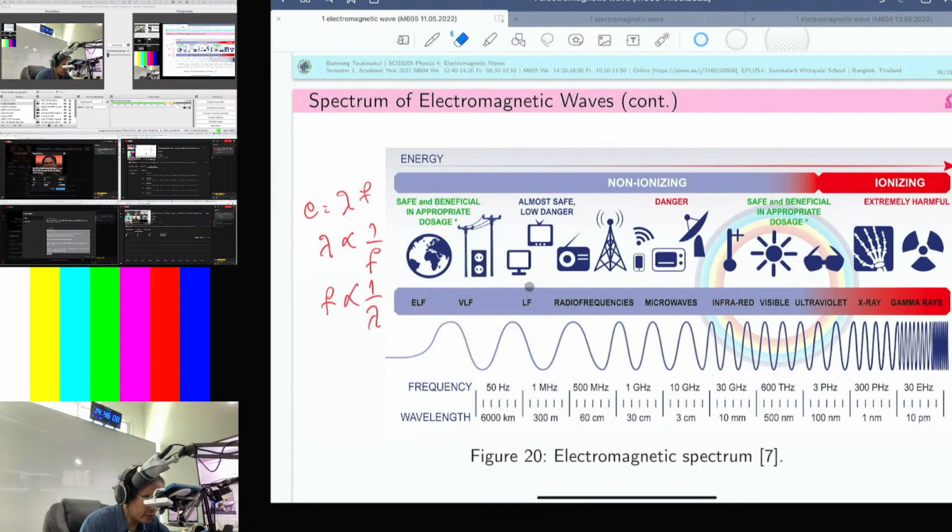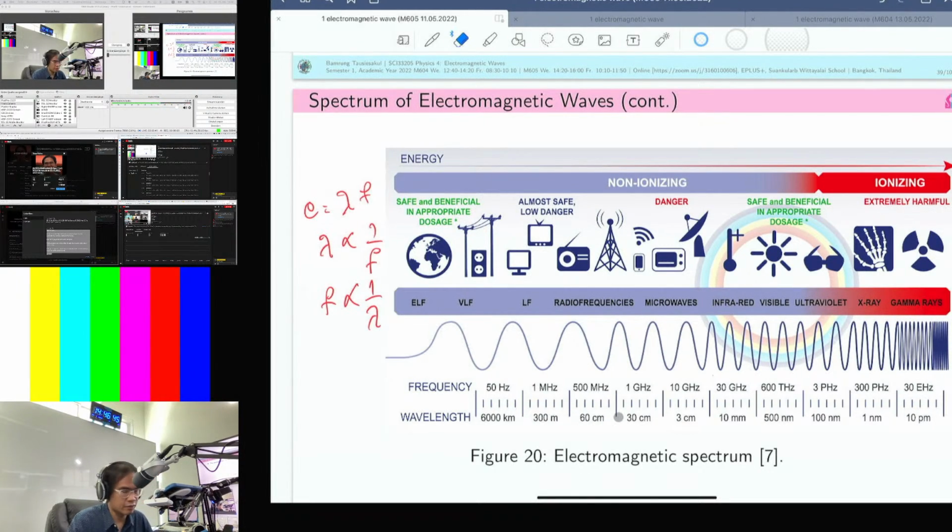If we move a little bit further, we will meet the low frequency band. Low frequency band means the frequency is on the order of 600 megahertz. Mega means 1 million, right? 600 million cycles per second. That's the region we call low frequency band, and the wavelength is around 60 centimeters, around twice the length of a ruler.